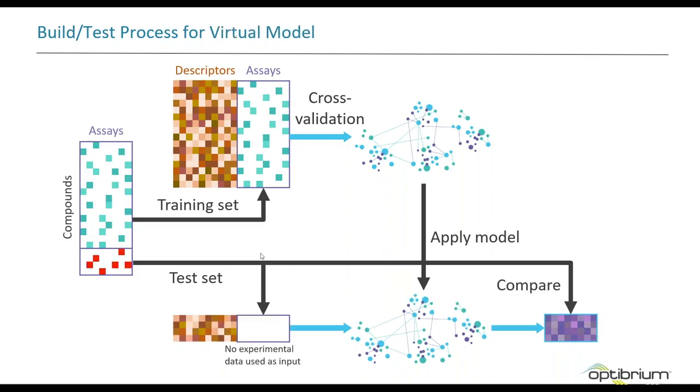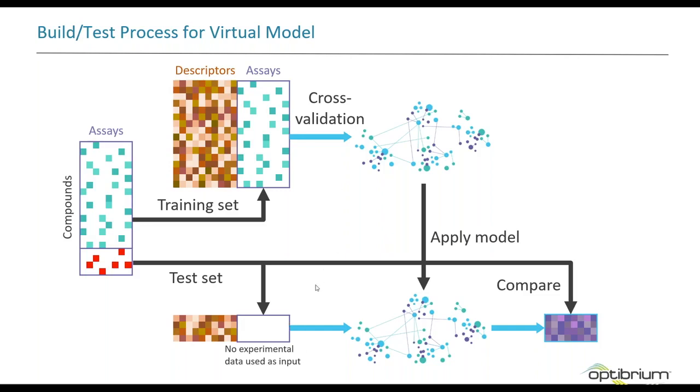In a similar way, the virtual model is built and optimized using the training set, where again it learns the structure-activity relationship and the interassay correlations between the assays in the data, and is optimized through five-fold cross-validation. However, the model is optimized in a way to expect only molecular descriptors at test time, so no experimental data are used as input.